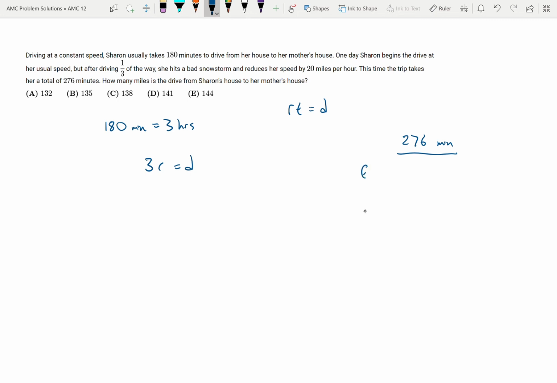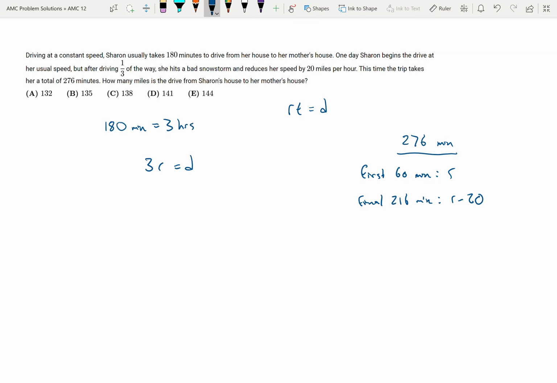So the first 60 minutes of that drive is going to be done at her usual speed of r. Then whatever is left is going to be done at the speed r minus 20. So whatever 276 minus 60, the final 216 minutes, are done at r minus 20 miles per hour.